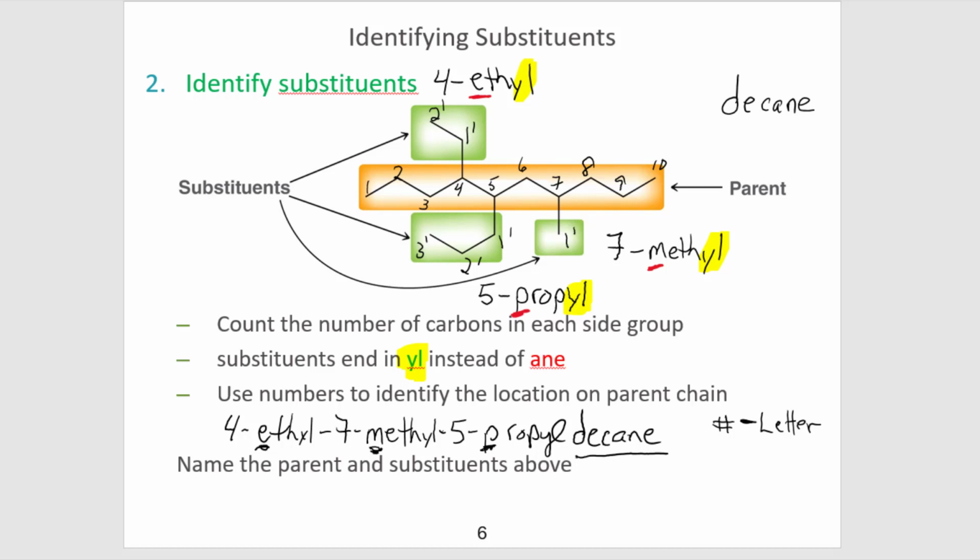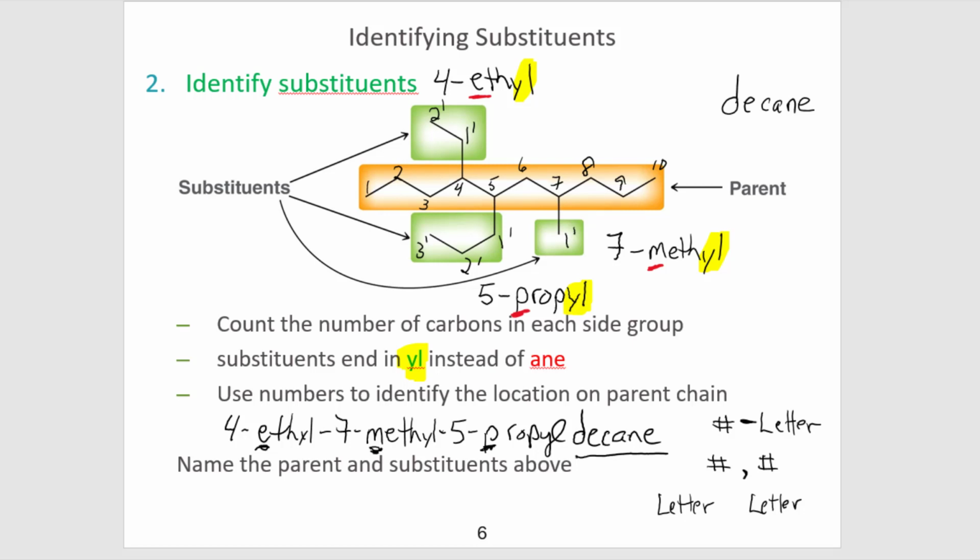If you're separating a number from a number, you're going to use commas. And if you have a letter, and then you start another word, there's nothing in between. So if you look, propyl-decane just flows into the next word. We didn't use a hyphen or a comma or anything there. It just was 4-ethyl, 7-methyl, 5-propyl-decane.